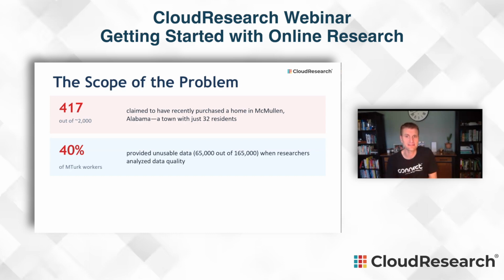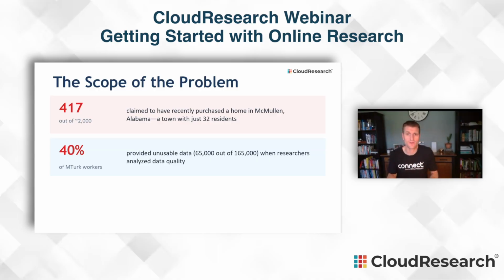If we go up another level, though, removed from a specific question within one study, our team at CloudResearch has published a number of papers where we look at an entire platform over a period of, let's say, a year to 2 years. And we see how many participants in that ecosystem are failing questions like this within a survey, how many we can mark as being unreliable, providing low quality data.